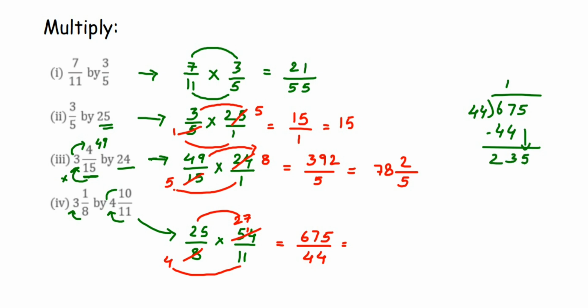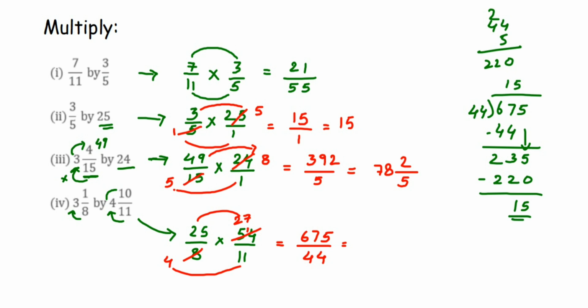Now we have 235, so I'll just try with 44 5s. 4 5s are 20, 4 5s are 20 plus 2 is 22. So 220 is closer to 235. If I take 44 6s, that will be greater than 235. So I'm going to take 5 times. So 44 5s are 220. Subtracted, the remainder here is 15.